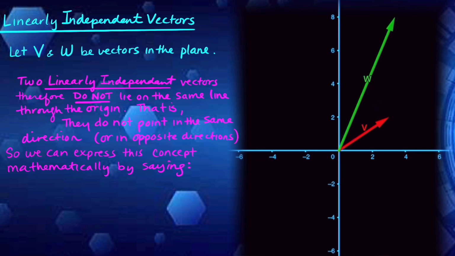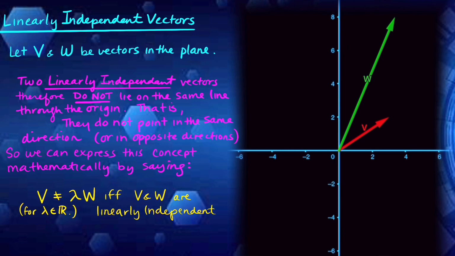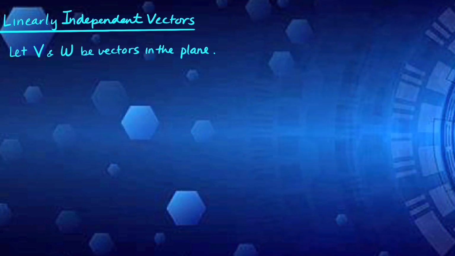Two linearly independent vectors therefore do not lie on the same line through the origin. That is, they do not point in the same direction or in opposite directions. So we can express this concept mathematically by saying this: vector v is not equal to a scalar multiple of vector w, if and only if vectors v and w are linearly independent, and lambda can be any real number.